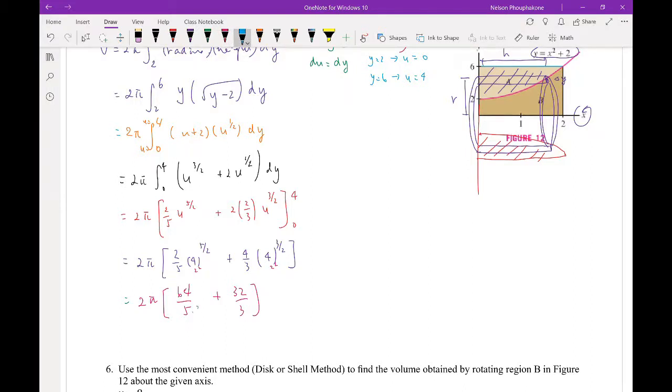And then now this is times 3, this is times 5. (192 plus 160) over 15. Okay, so then this is actually my answer here.